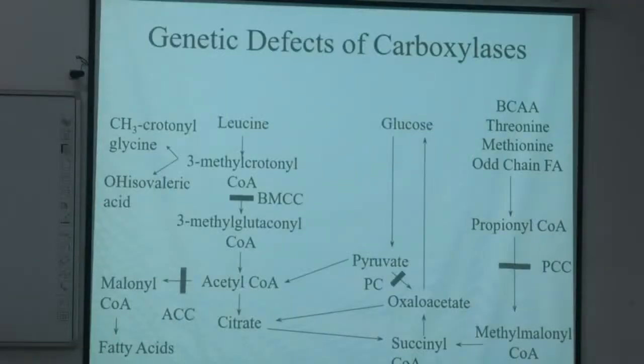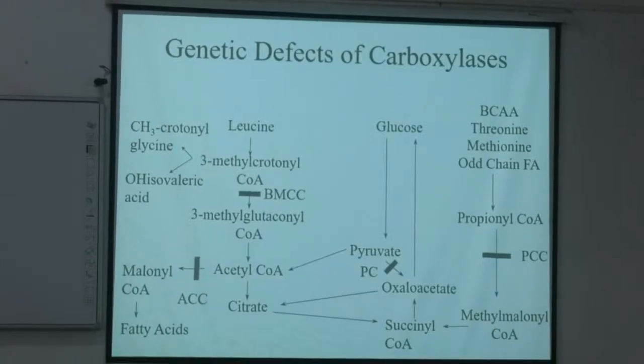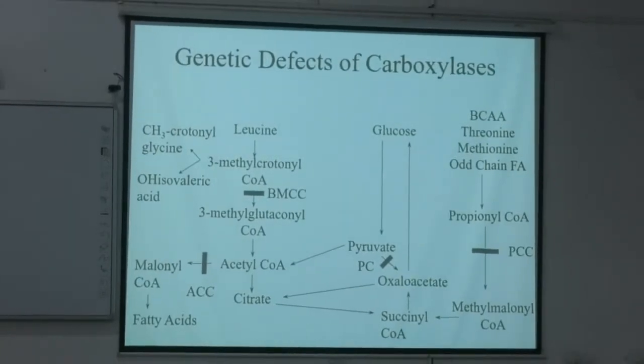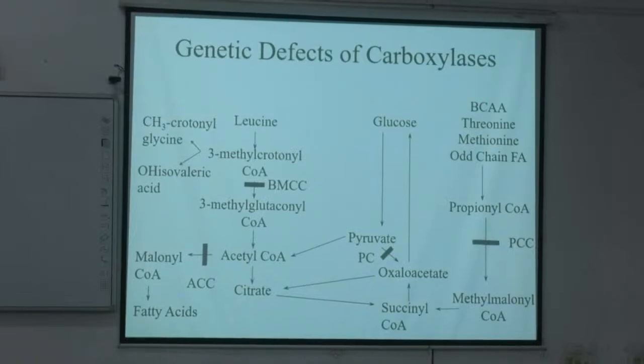All those reactions have been shown in this single slide. Beta methyl crotonyl CoA carboxylase, BMCC: 3-methyl crotonyl CoA to 3-methyl glutaconyl CoA. From there, it forms acetyl coenzyme A to malonyl coenzyme A, then fatty acid, or it goes to the TCA cycle via citrate formation. Okay.